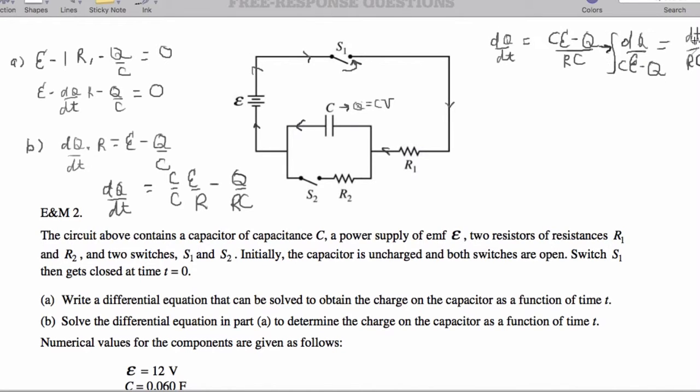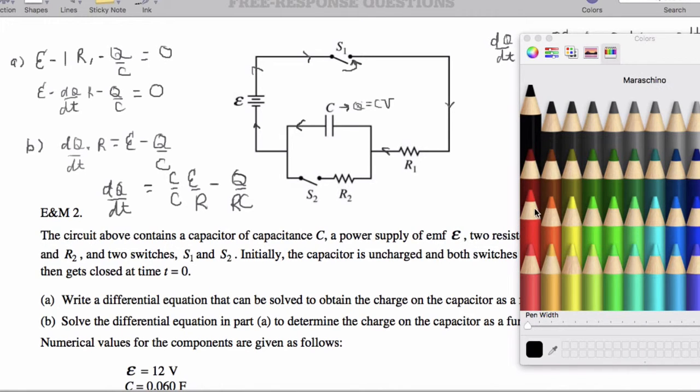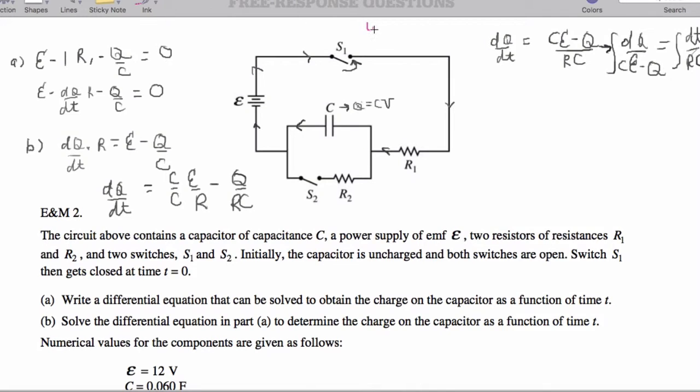And now I'm going to integrate both sides. To do that, we will do a U substitution. So we're going to say that U equals C times the EMF minus Q, and negative du equals dQ.